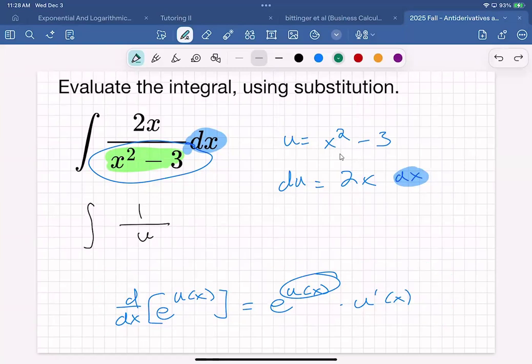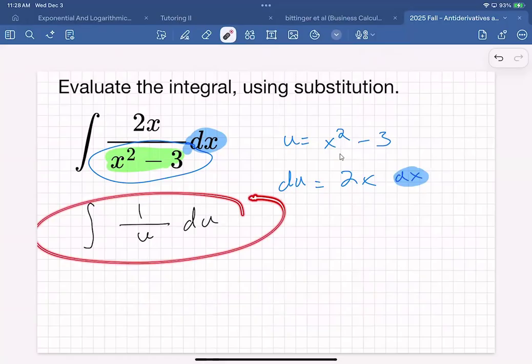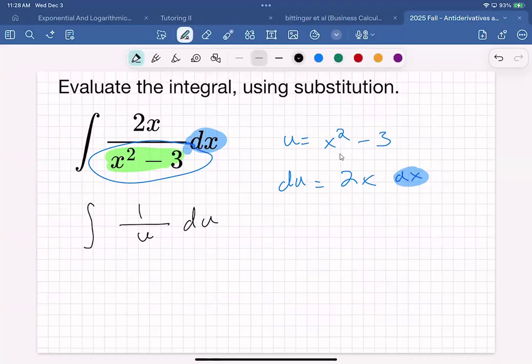Now, with that said, the nice thing about this new integral is that it follows a rule we should be familiar with, right? What is the antiderivative if you have 1 over your variable? The natural log, right? Now, be careful here. This is where we definitely want an absolute value because I didn't give us any domain restrictions here.